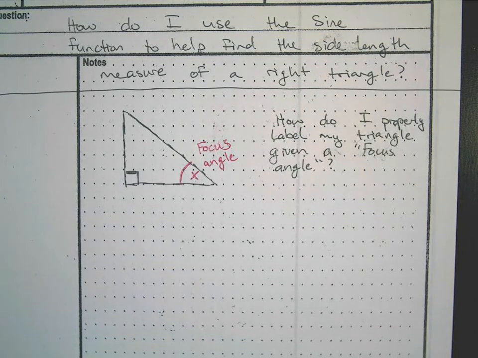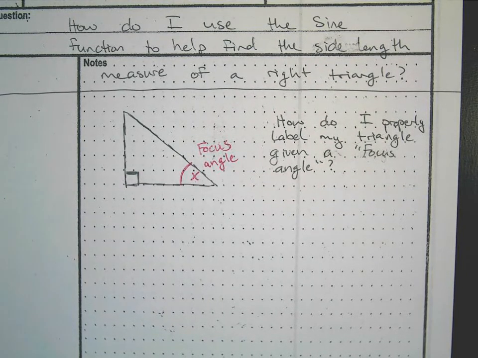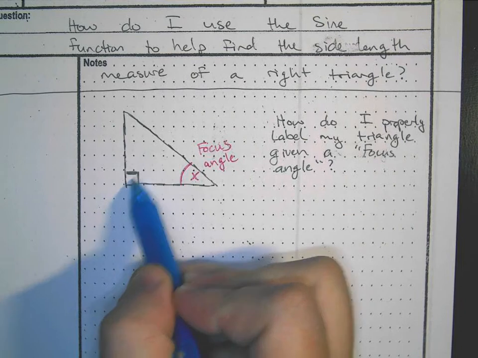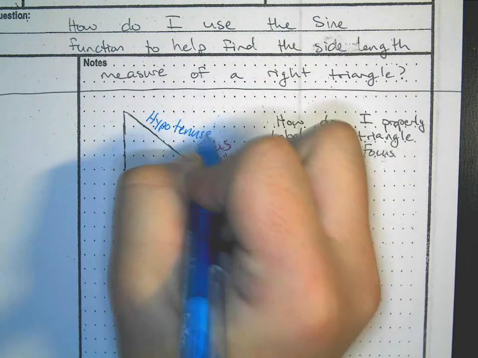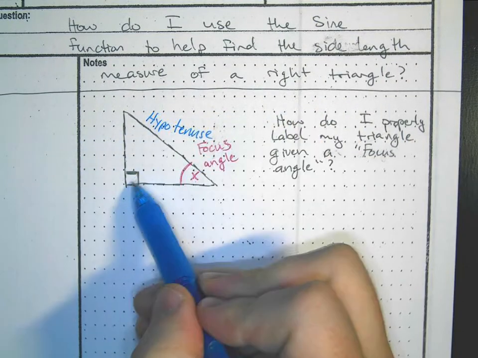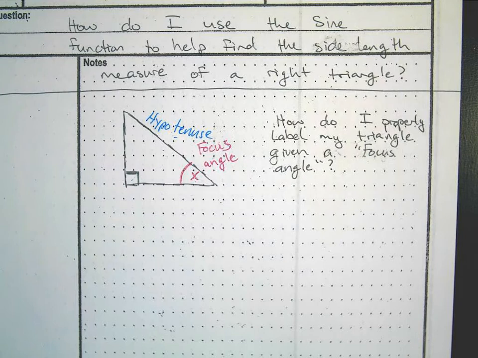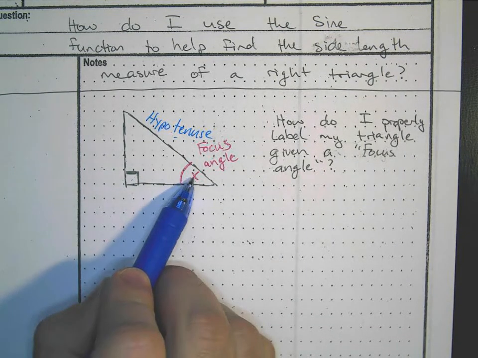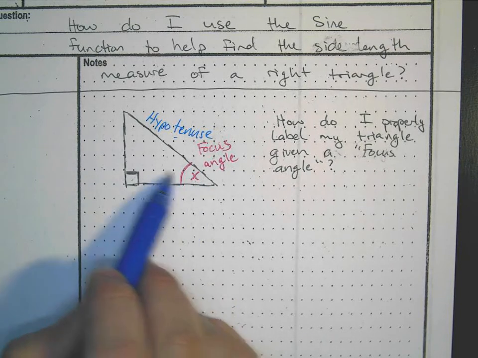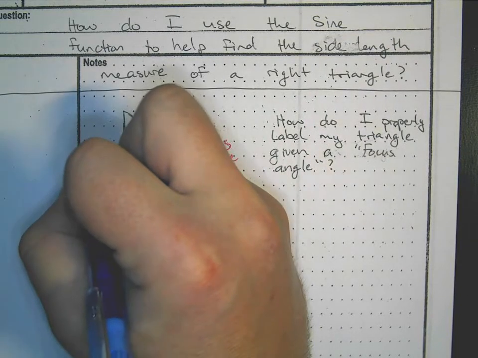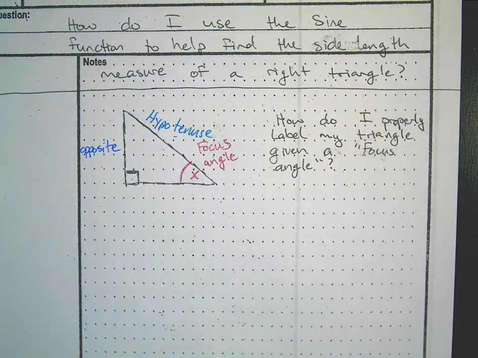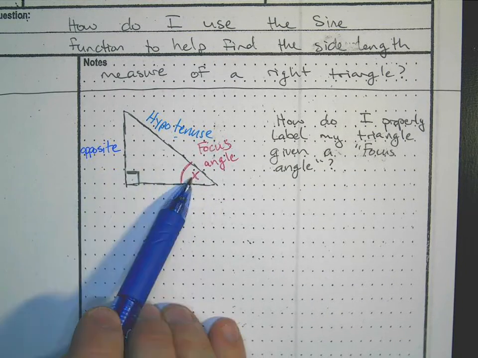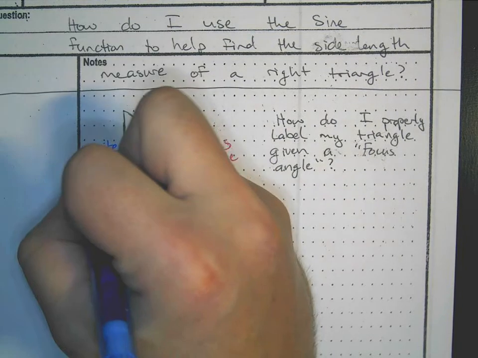So if this is my focus angle, now I can label my triangle. The side across from the right angle is always the hypotenuse. The side across from the focus angle, we're going to call opposite.